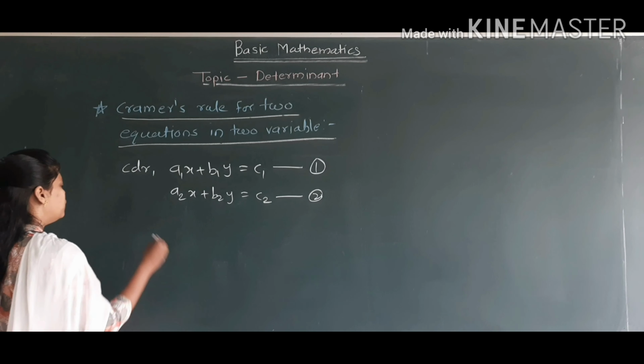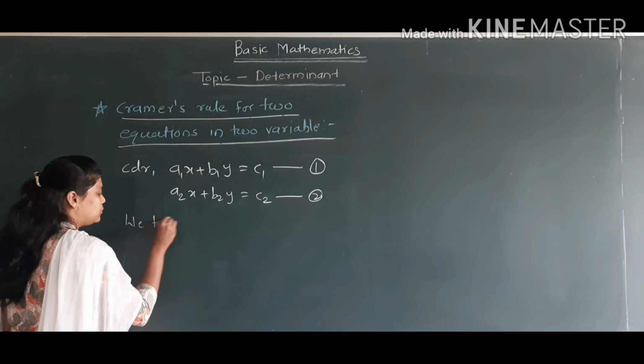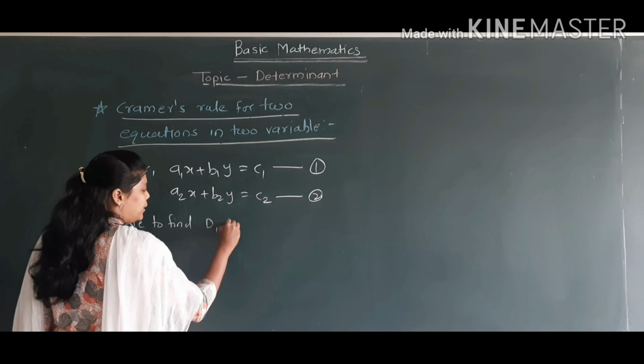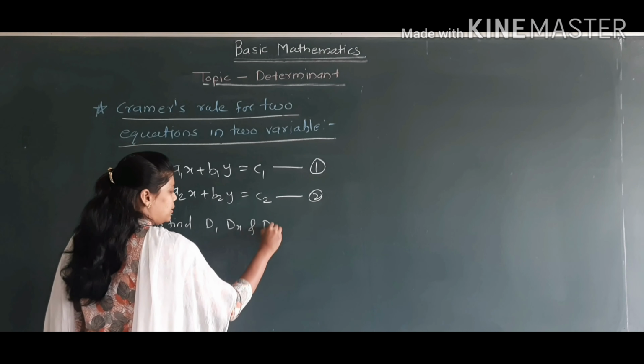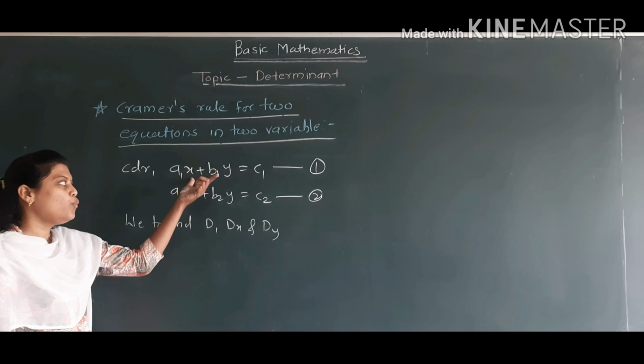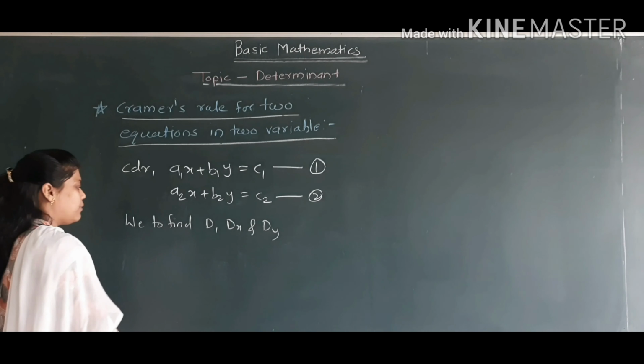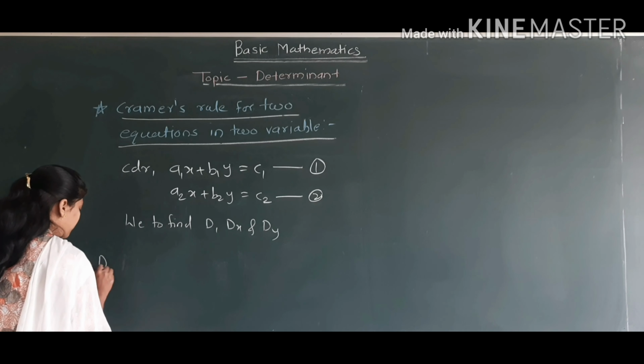For Cramer's rule, first we have to find D, Dx and Dy. Here we have two variables x and y, therefore find Dx and Dy. Now how can we find D?